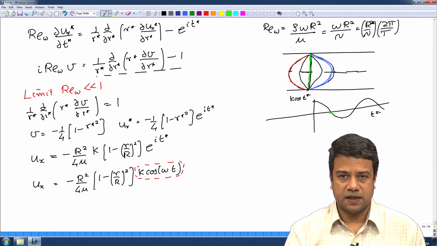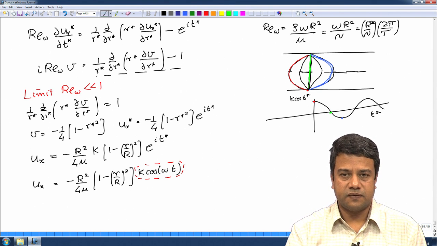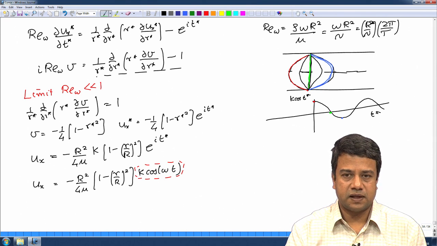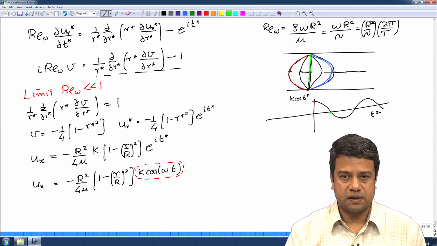Therefore, at each instant of time, the momentum is diffusing instantaneously, and the time scale for variation of pressure is much longer. So, as far as momentum diffusion is concerned, you just have a steady pressure gradient, and that gives you a parabolic velocity profile.